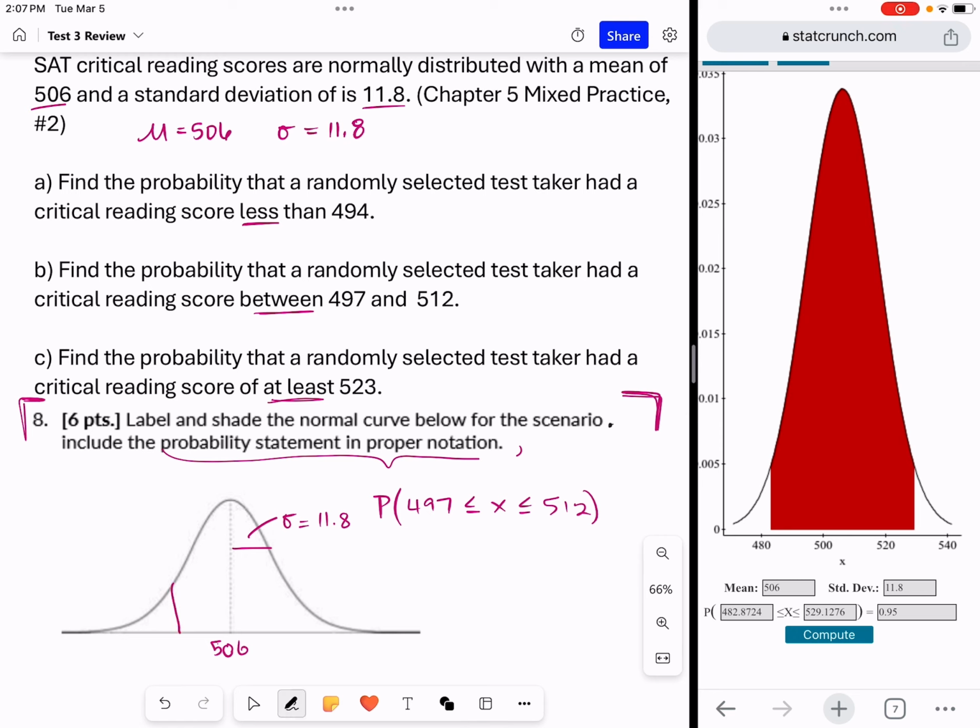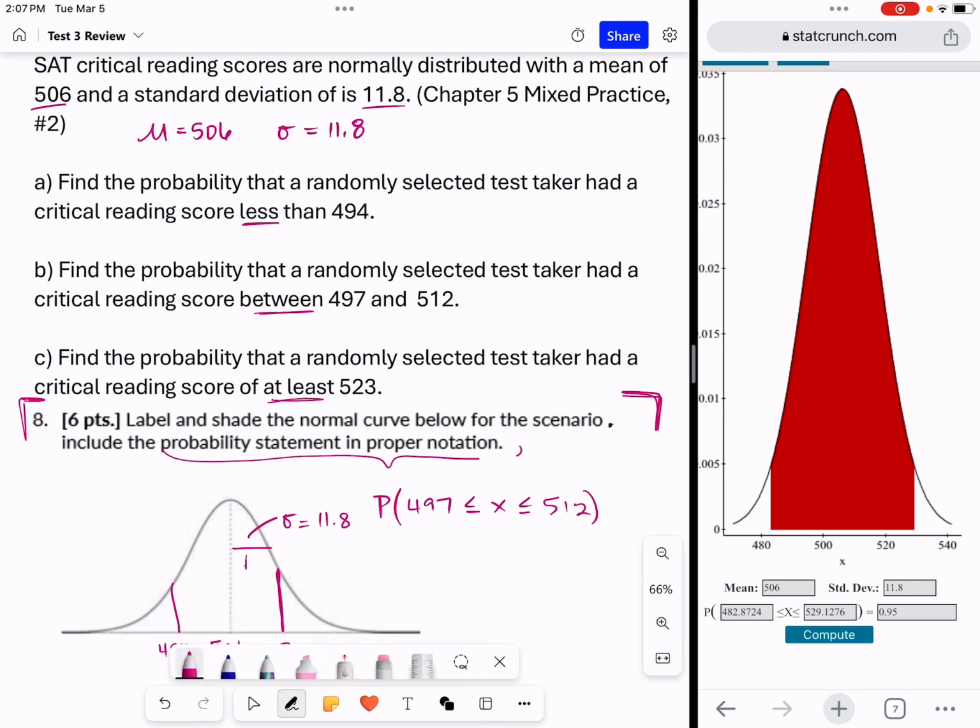497 is over here to the left. 512 is somewhere over here. Technically, it should be closer to the mean, since if I do 506 plus 11.8, that would give me 517.8, which would definitely mean that this would need to be somewhere here instead.